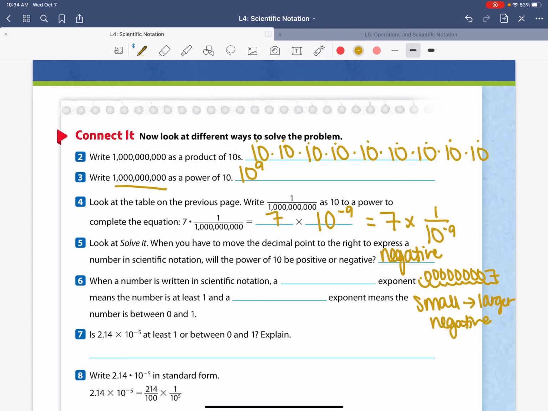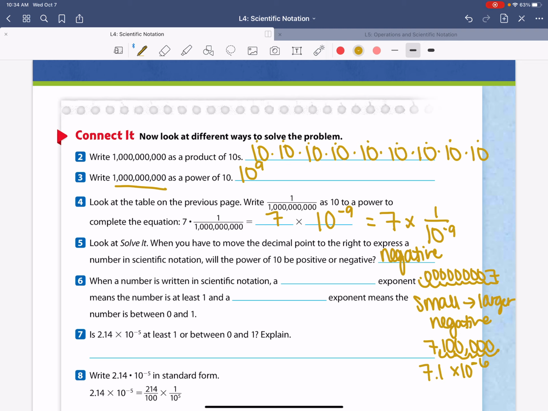It'd be the opposite way if we went from a large number to a smaller number. If I had like 7.1 million, then I'd say that's 7.1 times 10 to the, because I'd have to move my decimal point to the left to make it 7.1, and I'd say 1, 2, 3, 4, 5, 6.